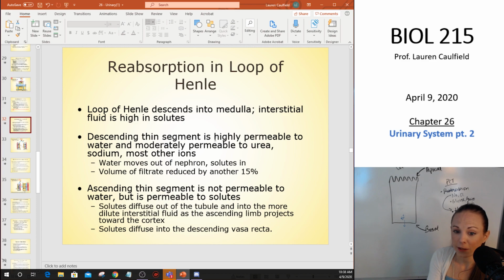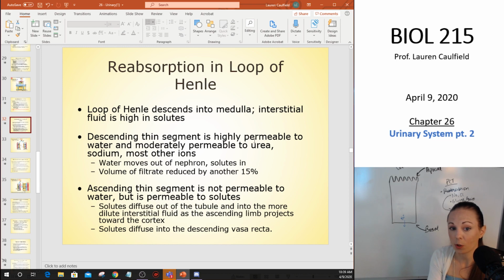So the descending thin segment is highly permeable to water and moderately permeable to urea, sodium, and most other ions. So water is moving out of the nephron and solutes would be moving in. As we descend into the loop of Henle, our filtrate volume is reduced by another 15% because we are moving out water.